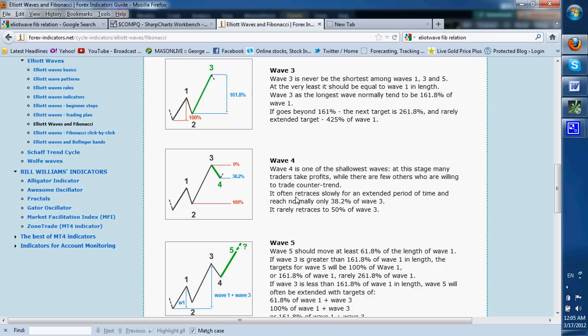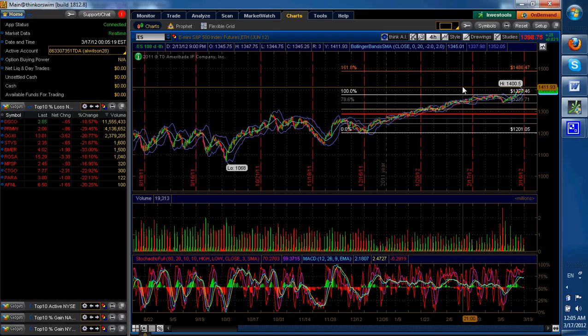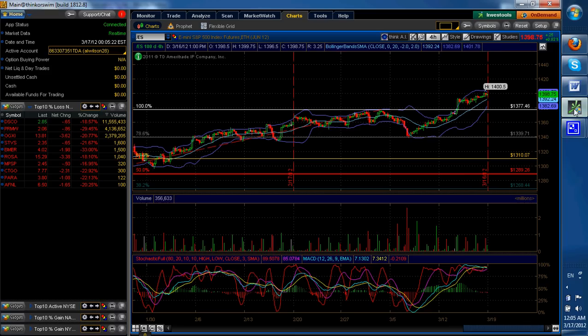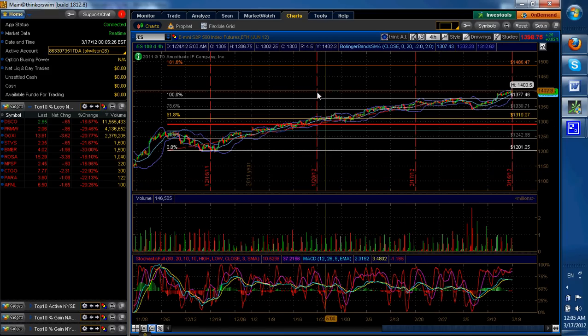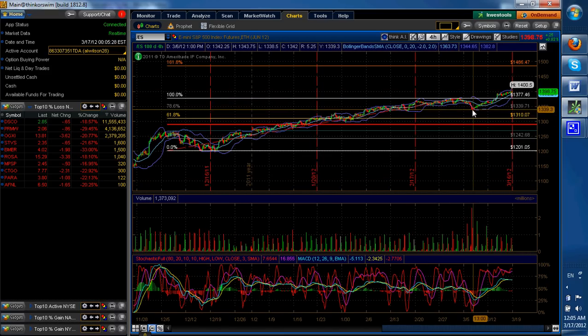However, it doesn't have to retrace 38.2%. That's the average normally. In fact, it can retrace lower. And just by looking at this, if you take the high and the low of wave 3, wave 4 hit this Fibonacci relation line right here. It stopped at this gray line.